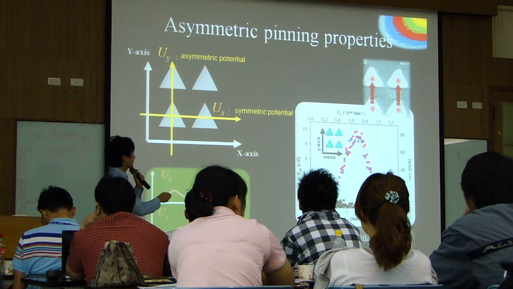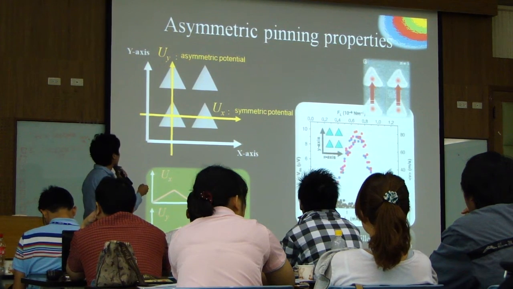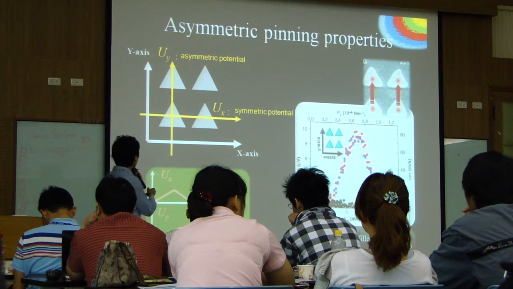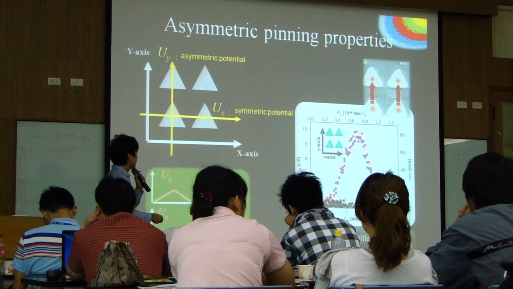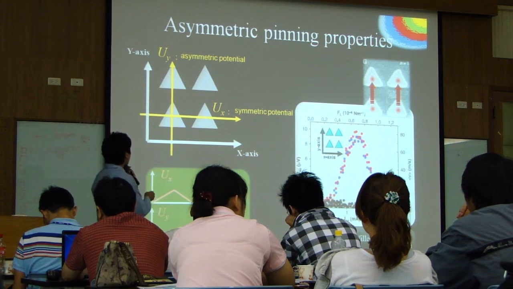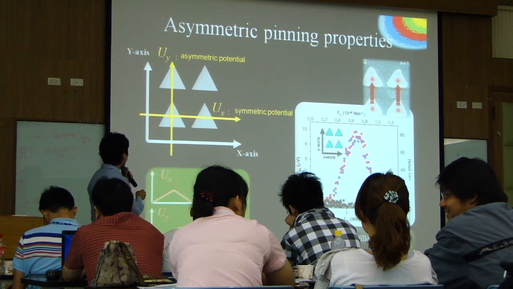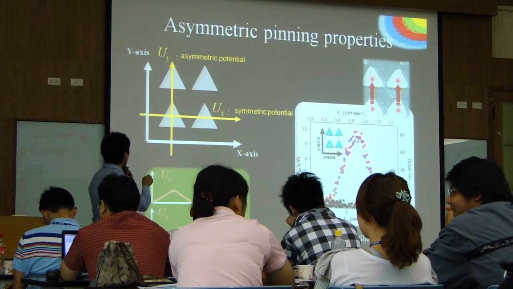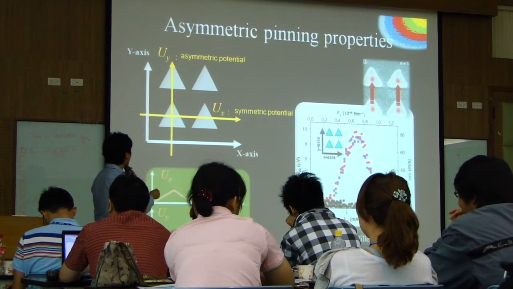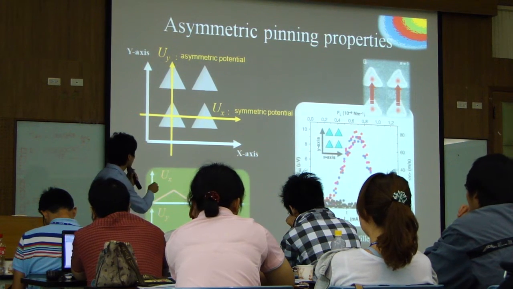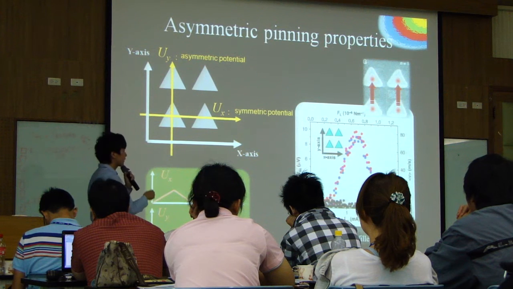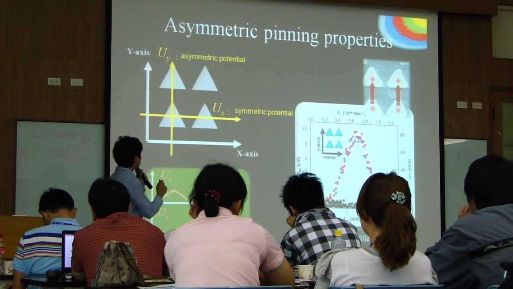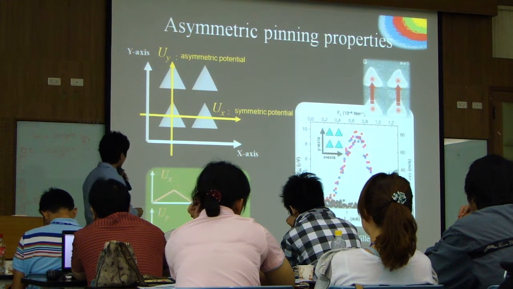And here is a special pinning site, the asymmetric pinning site. We can see here it's a Science paper from 2003. If we make a triangle pattern in a square array, we can see that if the vortex moves along the x-axis, the energy of the vortex will be symmetric. You can see from here.